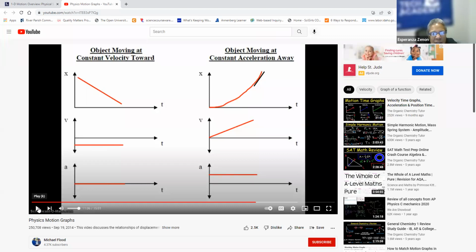This position versus time graph is curved. Anytime you see a curved position versus time graph, you automatically know the object is accelerating, and if the curve is upward, the acceleration is constant but positive.